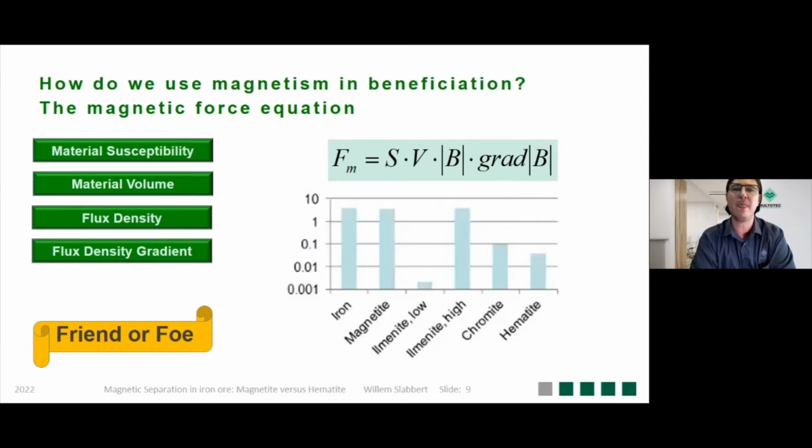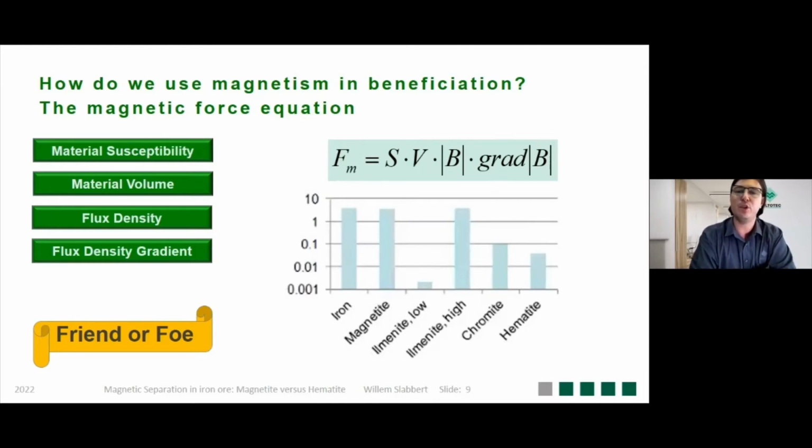For example, if we want to remove tramp metal from a conveyor belt that also contains magnetite, the tramp metal, iron steel with a susceptibility of 3, and the magnetic susceptibility of the magnetite, 2.7, is quite close to each other, which means if we want to remove tramp metal roughly the size, looking at the second term, the volume in our magnetic force equation, roughly the same size as our ore, we may end up attracting both the tramp metal and the magnetite.